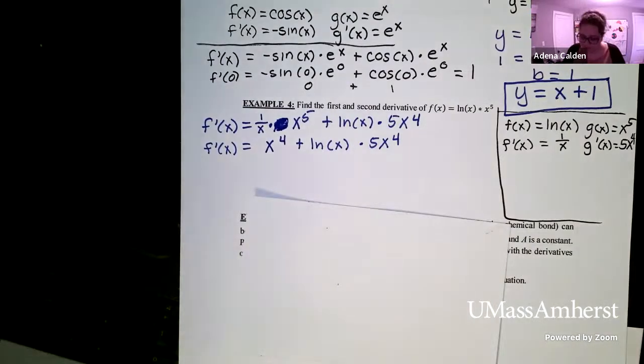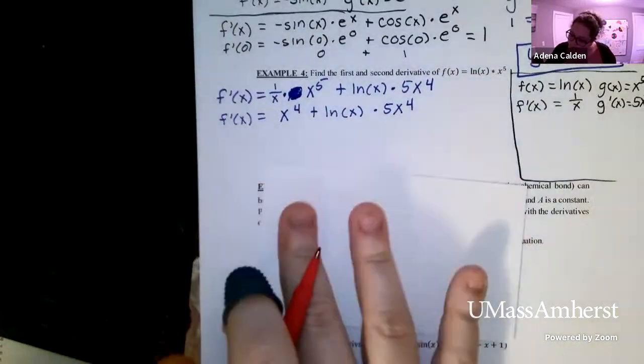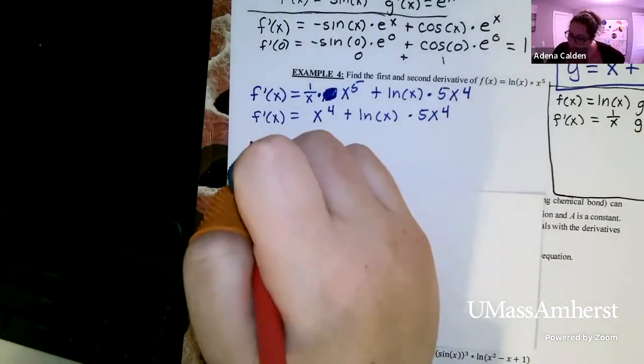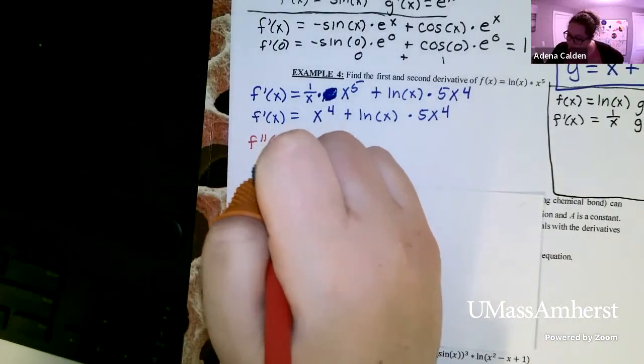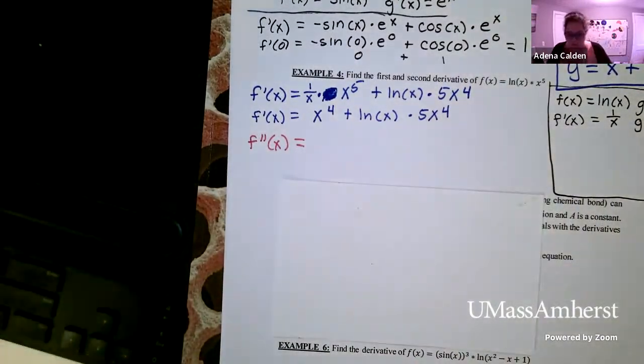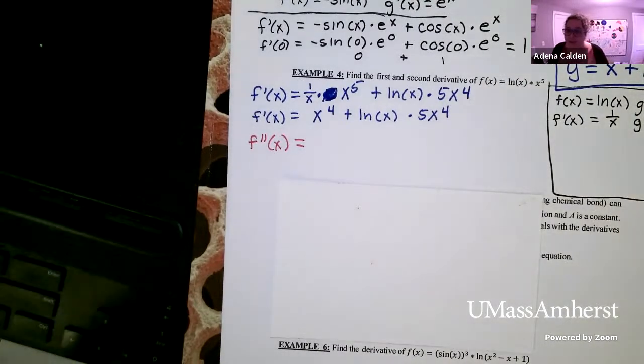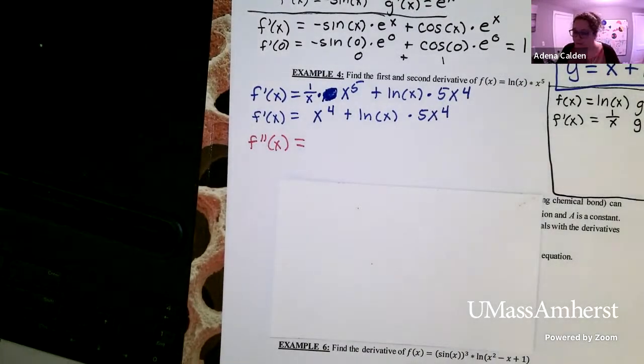So now in order to find the second derivative, this is where we have to be really careful and where things get a little more complicated. Okay, so we're looking for the second derivative. So we go to the first derivative and we're going to go term by term and try to figure out if we can find the derivative or if we have to use a special rule.